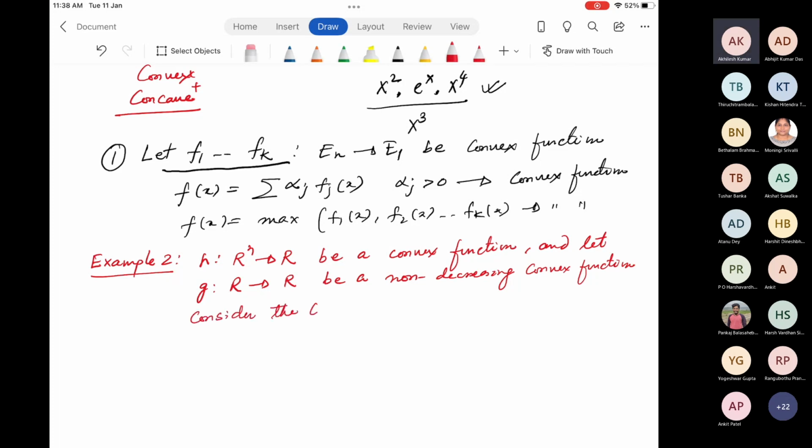Consider the composite function. These kinds of examples are very helpful when you are trying to prove. Suppose you have formulated some problem and you want to show whether the composite function is convex or not. So these kinds of examples really help.